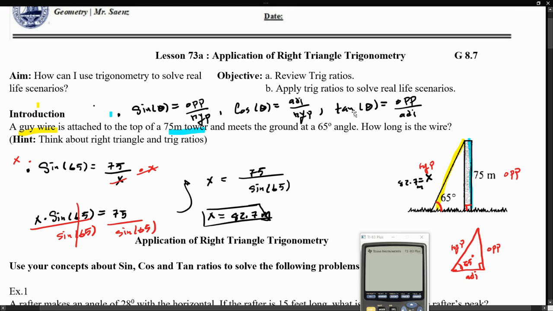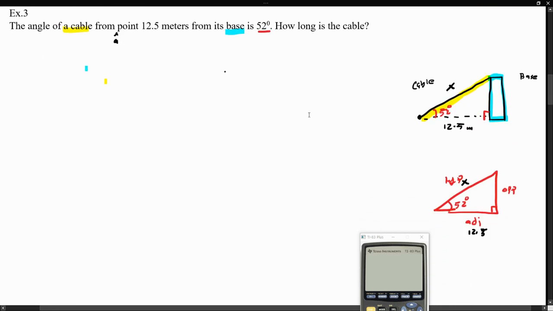Same idea, we cannot use tangent because it uses opposite. But cosine uses adjacent and hypotenuse. This is what we have, the adjacent, and this is what we want, the hypotenuse. So definitely for this problem we're going to be using the cosine function.